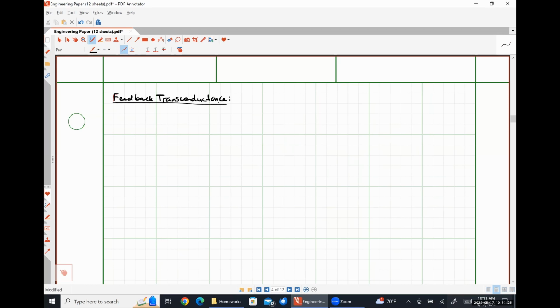All right, so in a feedback transconductance amplifier, our input signal is a voltage and our output is a current, which means our feedback network is going to be connected in parallel on both sides.